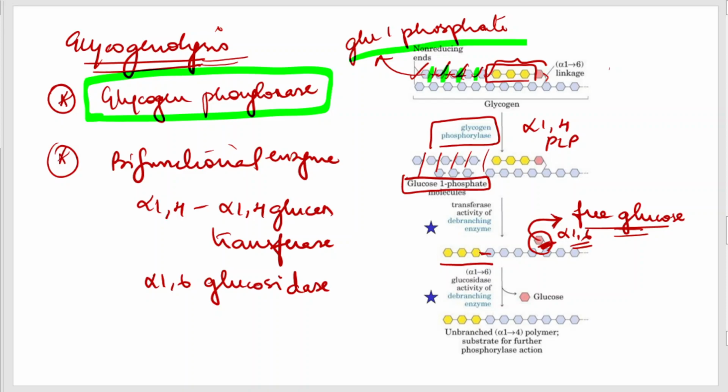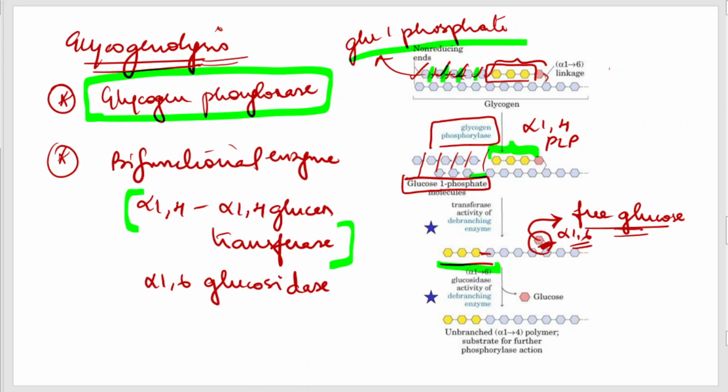Now next, along the branch point what happens? About 3 to 4 residues away from the branch point, this glycogen phosphorylase action stops, and the alpha 1,4 glucan transferase enzyme will come, and that will remove the last three glucose residues and transfer them to the other chain.